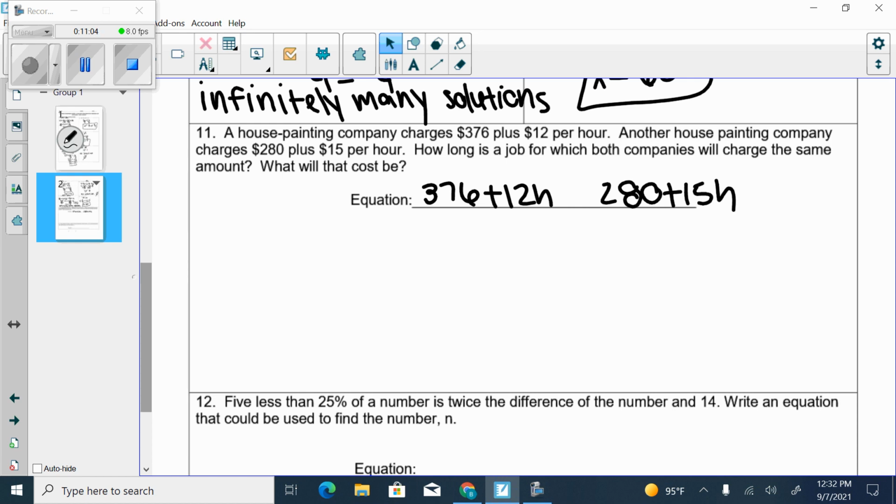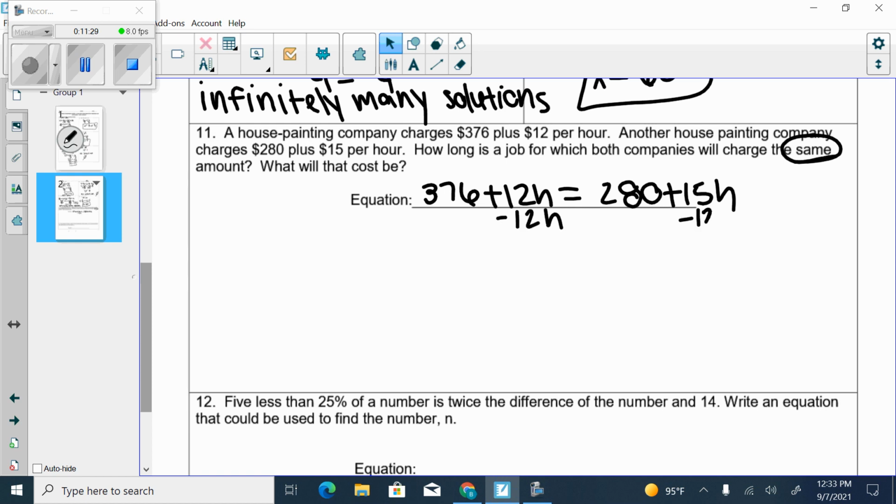Okay, and it says how long is the job for which both companies will charge the same? So there's that word same again. What does that mean we're doing to these two? Equal. Yes, we are. So this is just like the one from the last set, right? So now I'm going to solve. How would I do that? Okay.